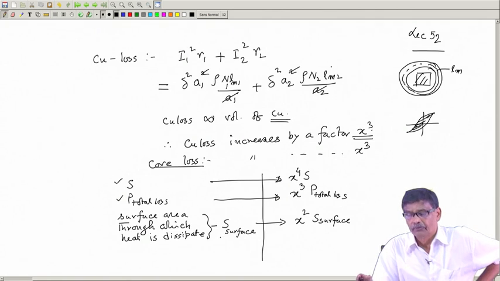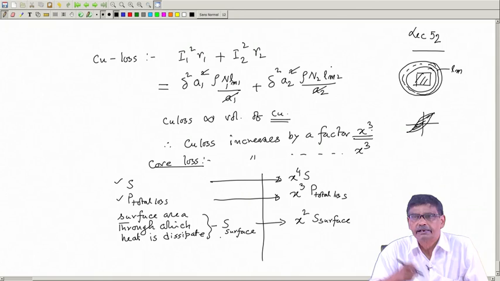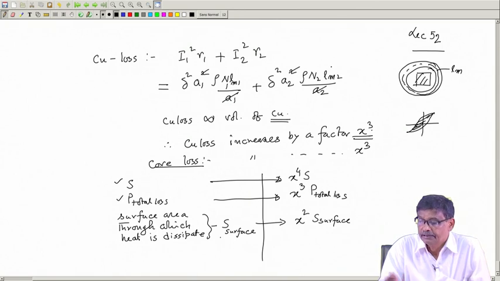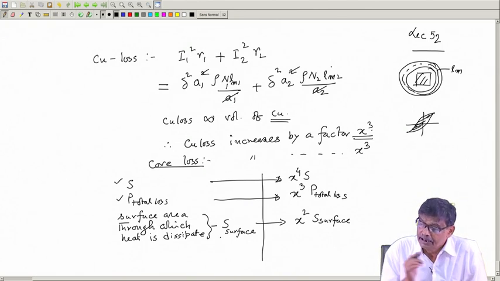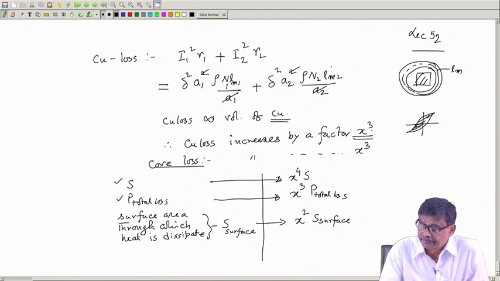Got the idea? So, if you imagine linear dimensions have increased, same magnetic loading, same electric loading, then you can easily see the loss increases by a factor of x cube.